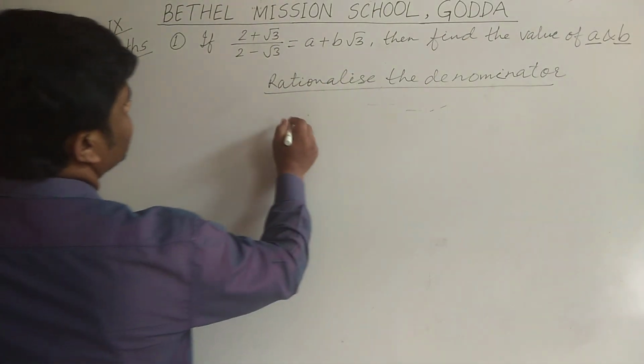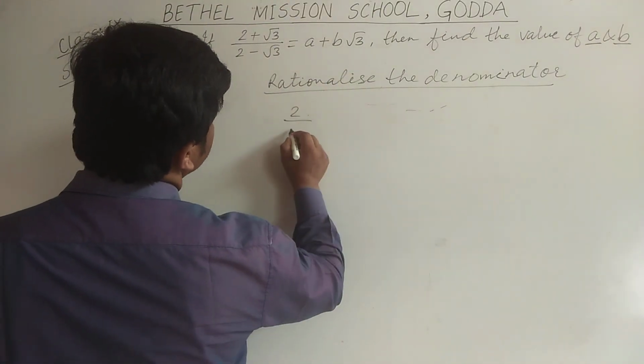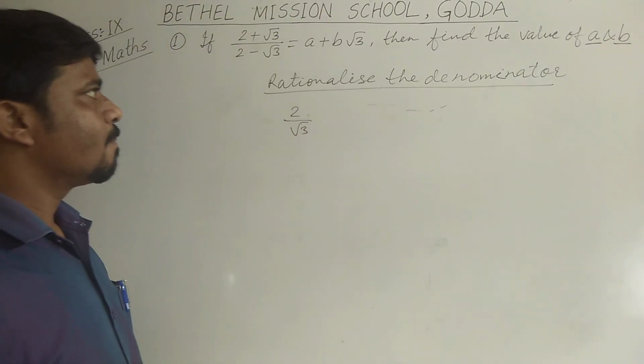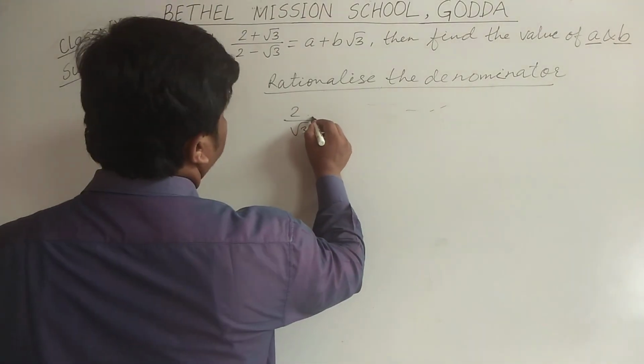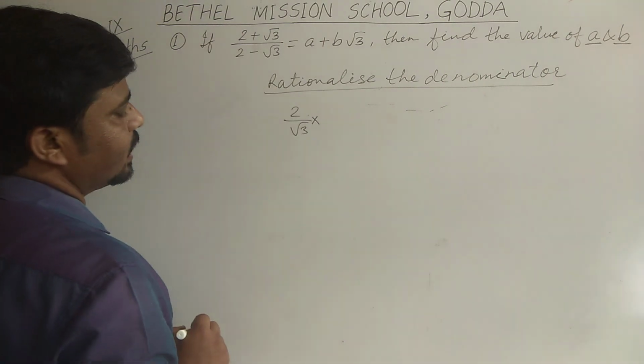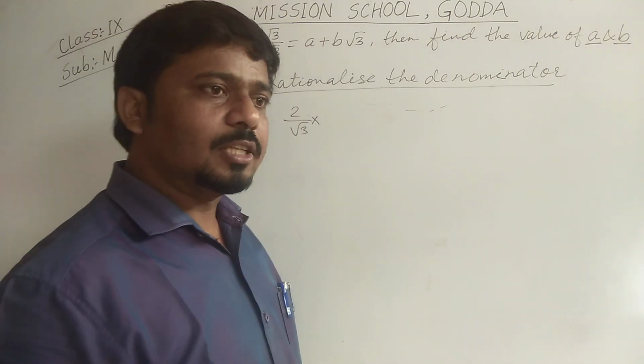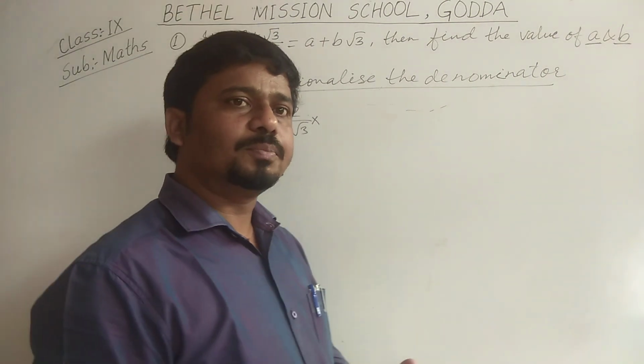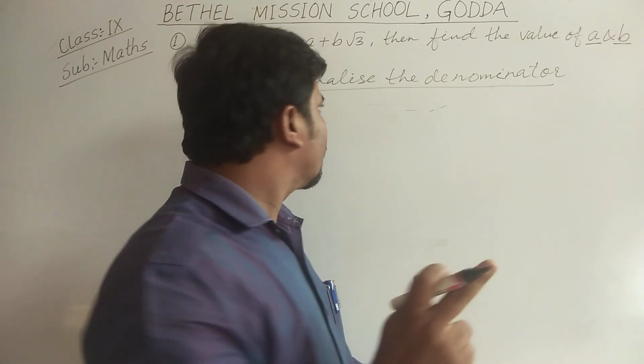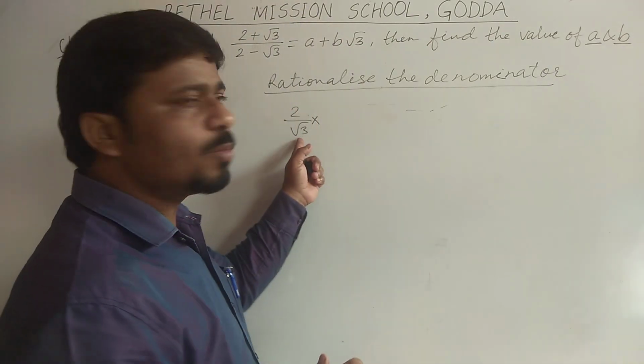So you can see here, the question is 2 upon under root 3. How can we rationalize the denominator? The process by which we make the denominator rational.